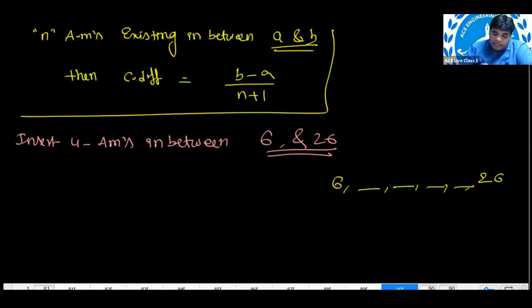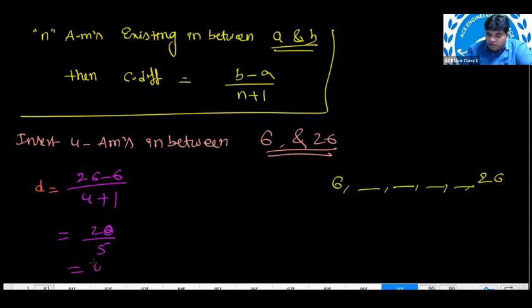Then the common difference is B minus A upon N plus 1, so 26 minus 6 upon 4 plus 1, which is 20 by 5, equal to 4. We are getting the common difference. Then 6, next 10, 14, 18, 22. Completed. N arithmetic means in between A and B, then common difference is B minus A upon N plus 1.